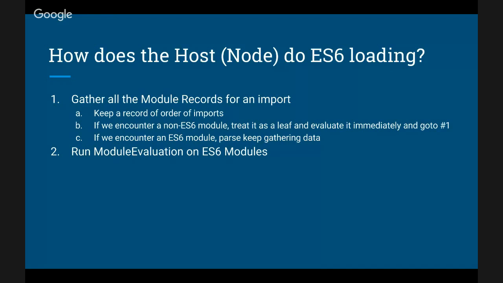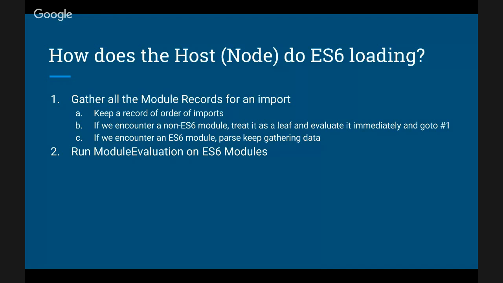So when we evaluate it, we're actually going back to step number one. And if that CommonJS module is requiring another module that is ES6, we kind of re-enter this and it's a recursive loop. But if we encounter an ES6 module while parsing things, we actually just keep gathering data.